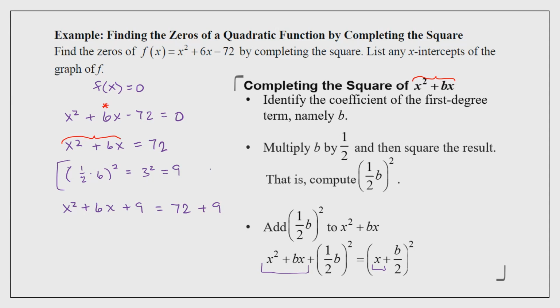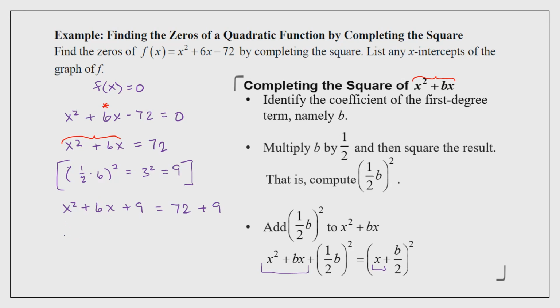This was us trying to find our constant that will allow us to complete the square on the left-hand side of our function. Now we can write the left side in factored form because it's a quadratic, and the right-hand side we can simplify.